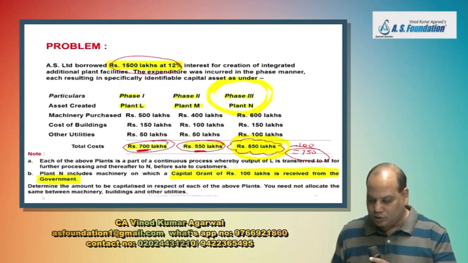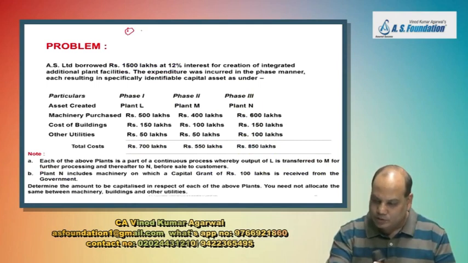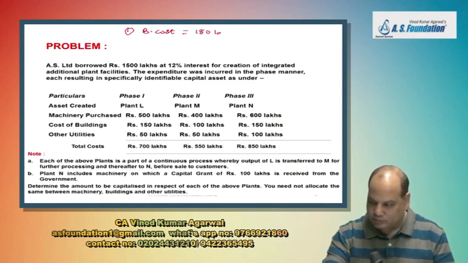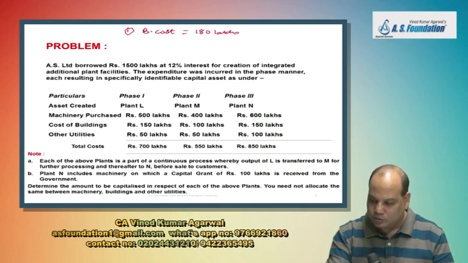Okay. So what you do, first calculate the borrowing cost. So step number 1 is you calculate the borrowing cost. It is 180 lakhs. Is it right? And then you allocate it over plant L, M, N. Allocate.